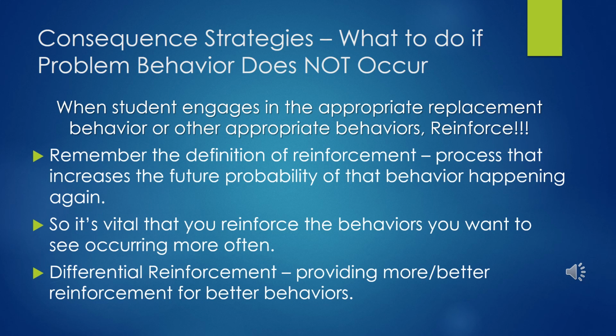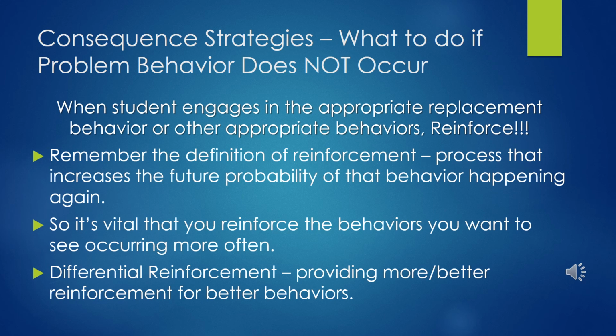So if you remember back in the beginning, we talked about how important it is to focus on the behaviors that we want to see increasing just as much as the behaviors that we want to see decreasing with our students.